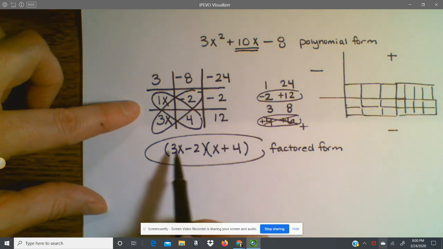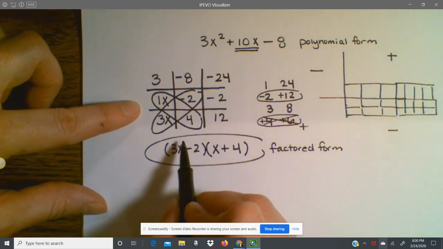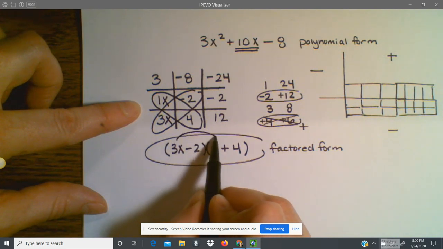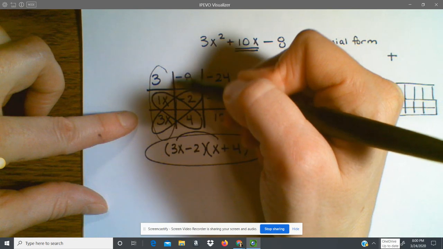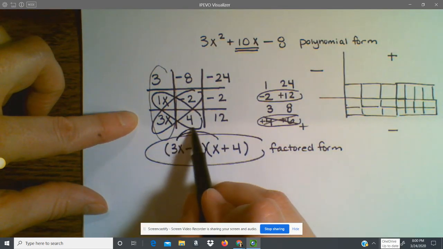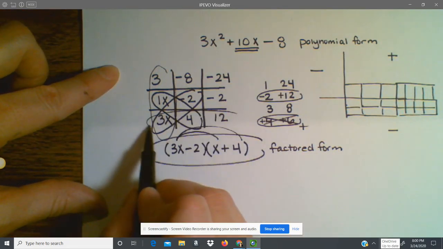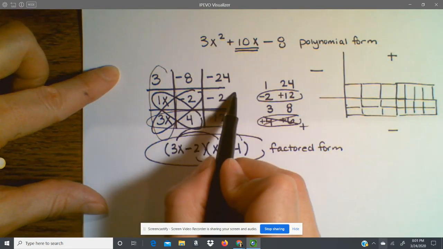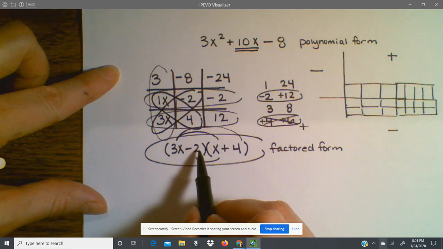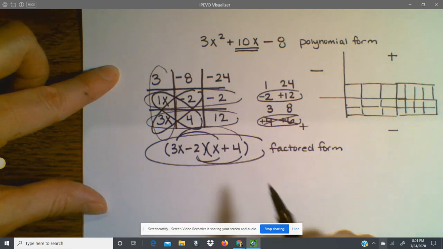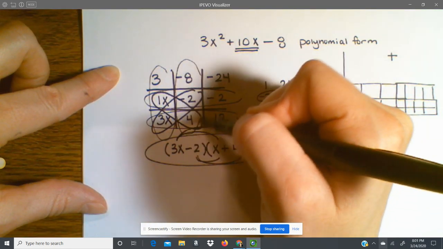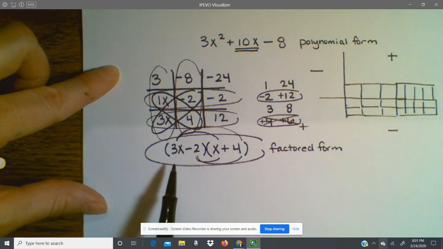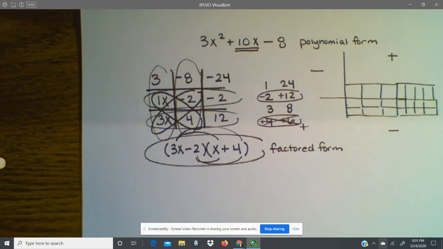And if you look at the chart here, if I did my multiplication, 3x times x, that's this column. 3x times 4, that's here. Negative 2 times x, that's here, and negative 2 times 4 is here. So it does have that double distribution that you can see in the chart.